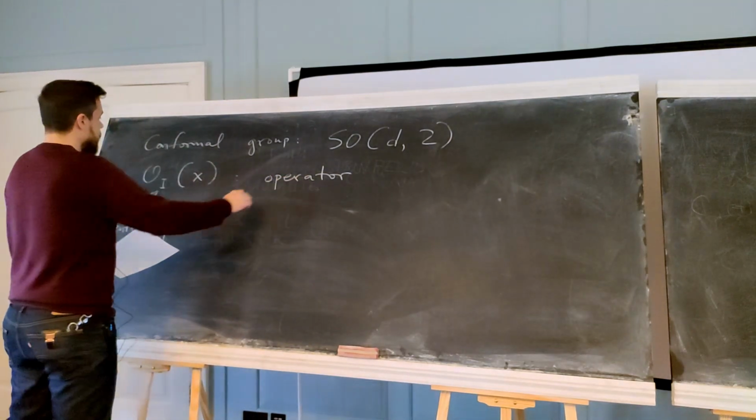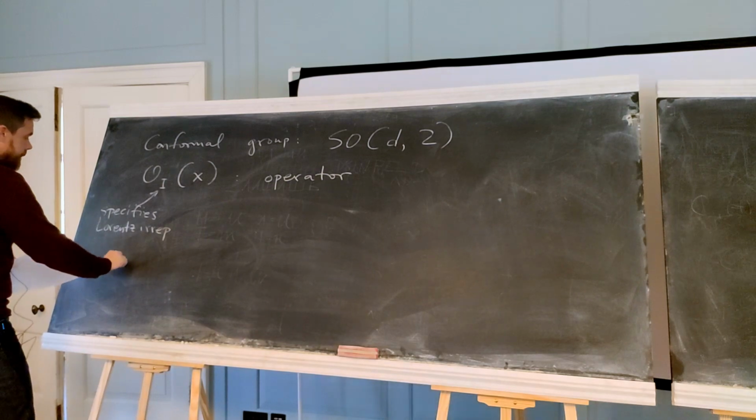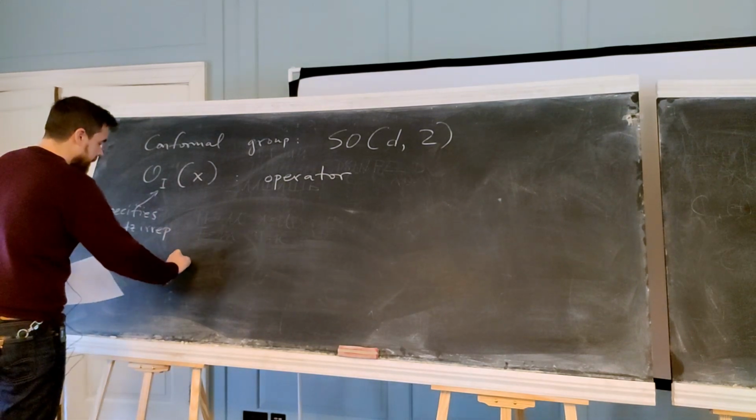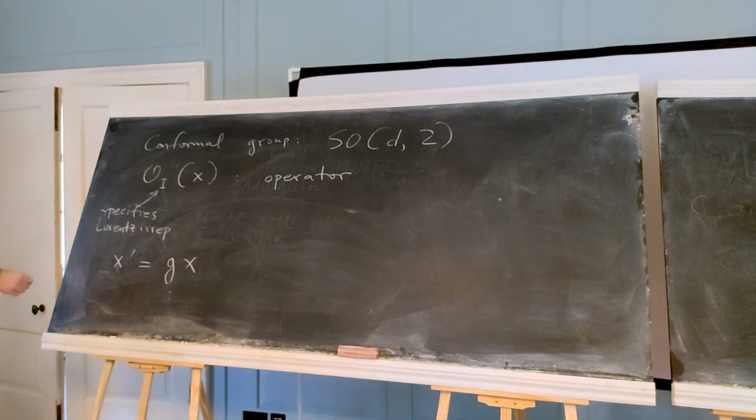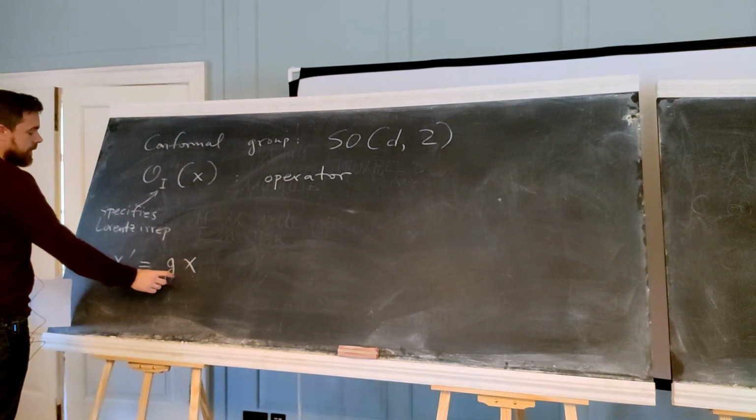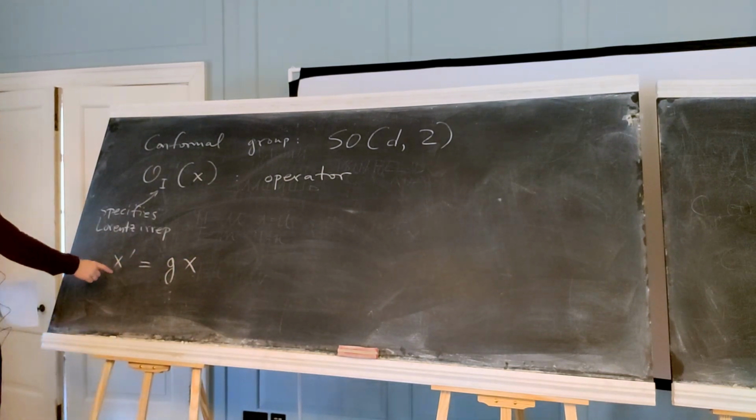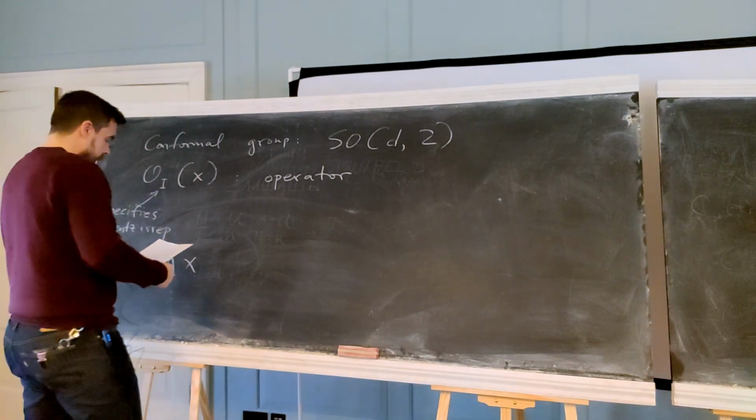Now, what do we want to do? We want to understand how these operators change when I take my coordinates x and change them by a conformal transformation g, and I go to x prime.